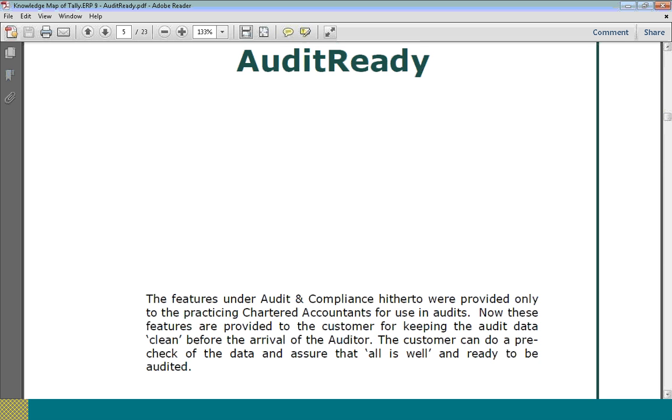Right? We had launched the auditor edition, and through that, the entire audit tool was provided to the practicing chartered accountants, which made their life easy in auditing the books of accounts. Okay? So now, why is this given to the customers in Tally.ERP 9?